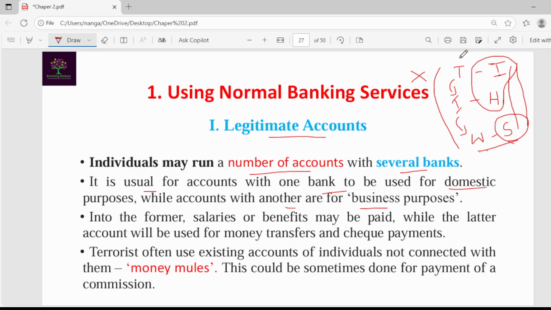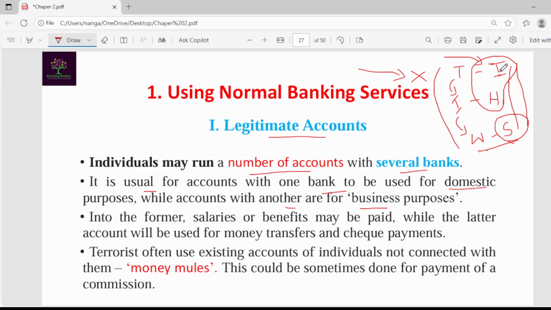So this is the advantage to the terrorists and money launderers. Money launderers keep an eye on these accounts and they give commission to X and they use these two accounts for the conversion of their illegal funds.